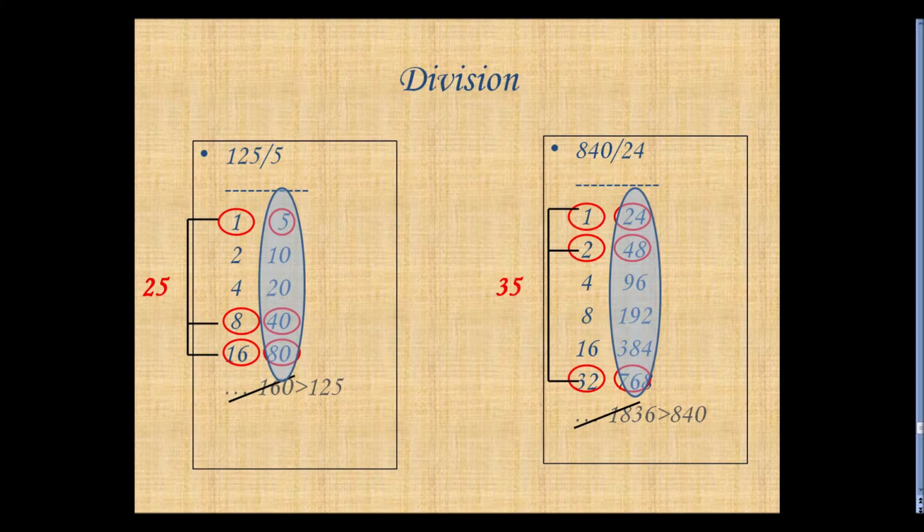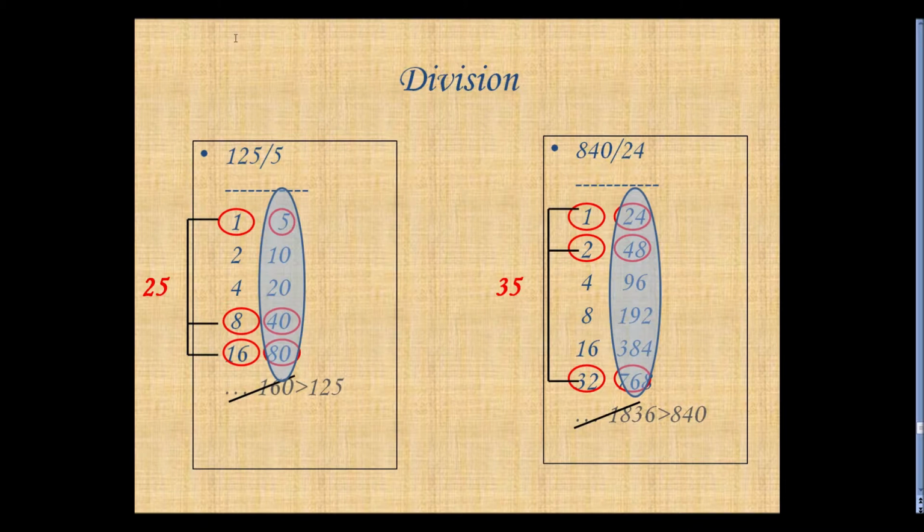So we look at the numbers in front of them in the first column. In front of 24 we have 1, in front of 48 we have 2, and in front of 768 we have 32. We add this up, and voila, the quotient is 35 as we expected.